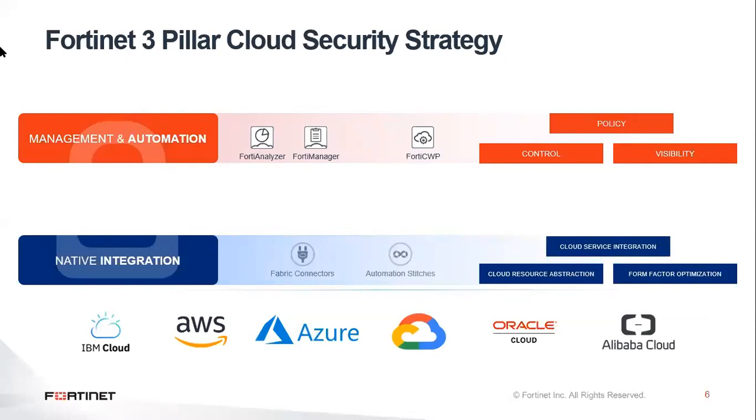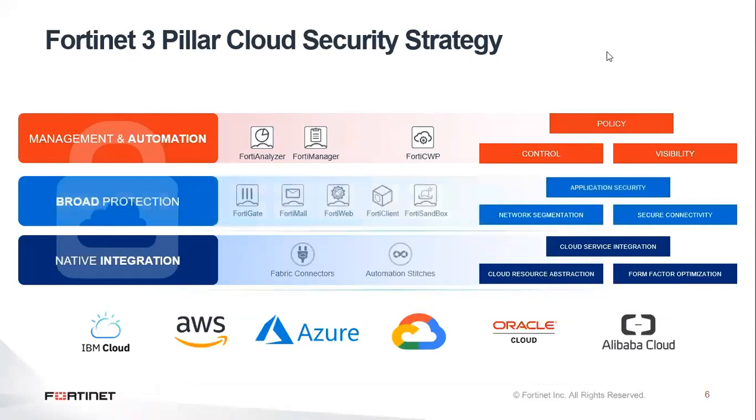So the Fabric Connector of Fortinet uses third-party APIs to seamlessly combine policy and automation between two layers, customer managed and provider managed. Fortinet solutions are natively integrated to public and private cloud platforms using Fabric Connectors that enable use of dynamic objects in security policy.